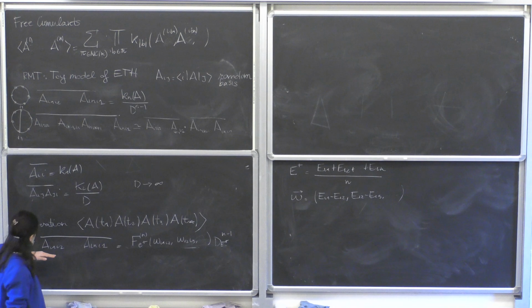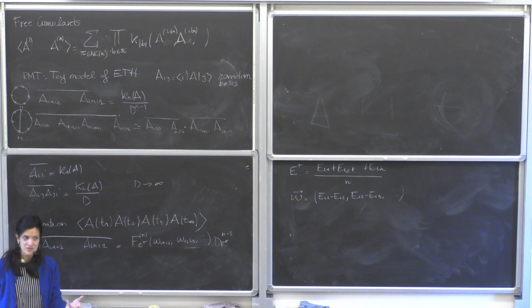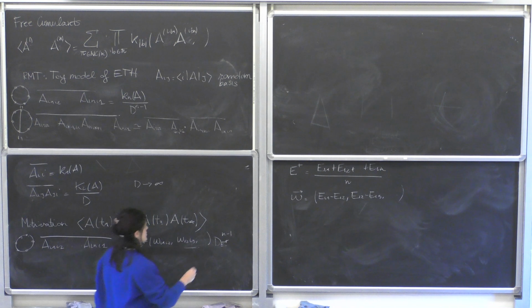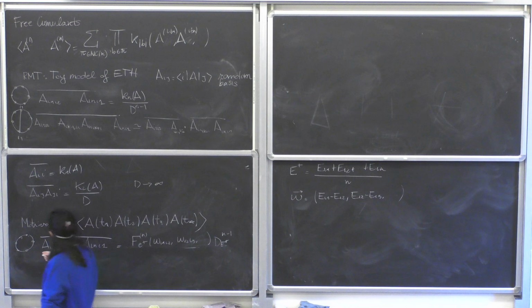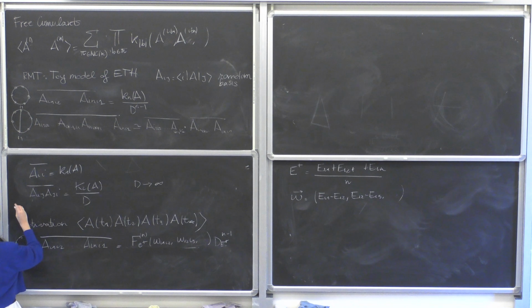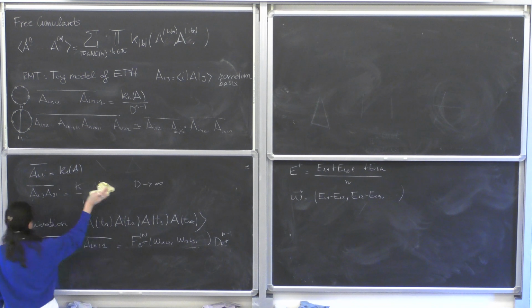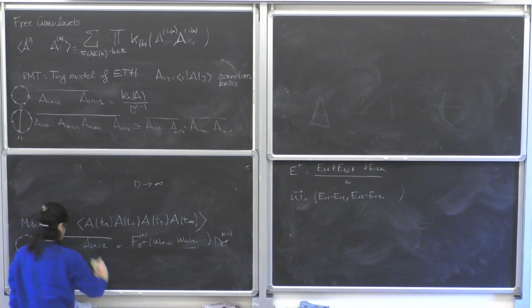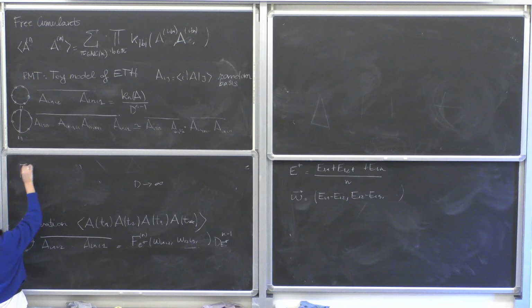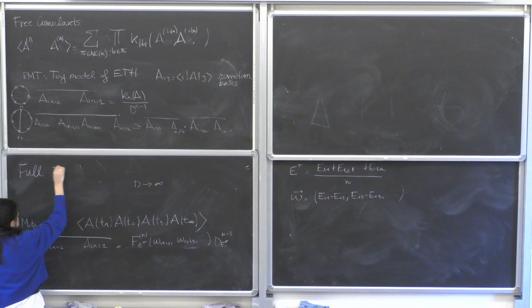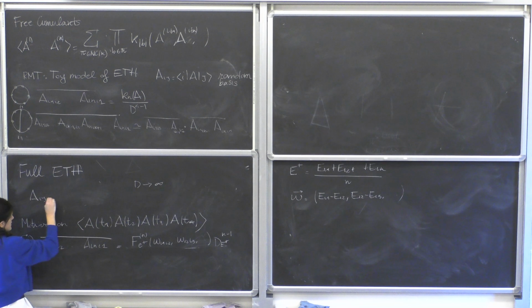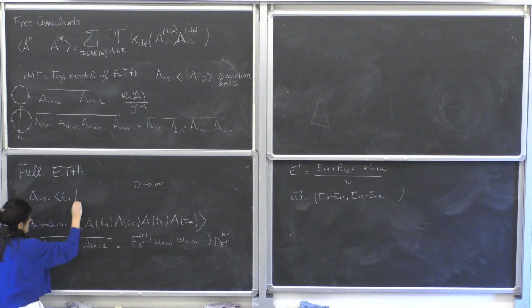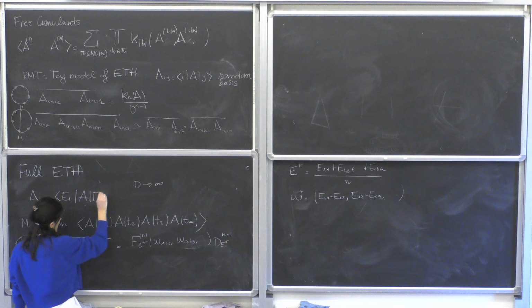But here I have to take a hypothesis. Now we're dealing with matrix elements, so now my A_ij are matrix elements of a chaotic Hamiltonian.